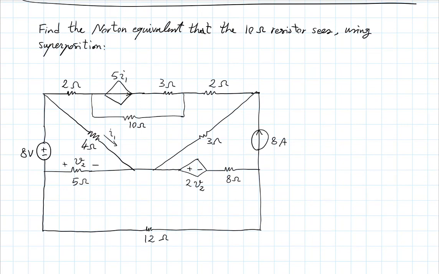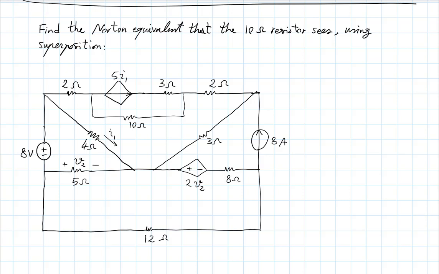Okay, so we have this circuit. There's a 10 ohm resistor right there. And what I'm asking for is the Norton equivalent of the circuit that 10 ohm resistor sees between its two ends. Okay? I'm asking you to find this using superposition. Again, think about the approach rather than try the numbers.